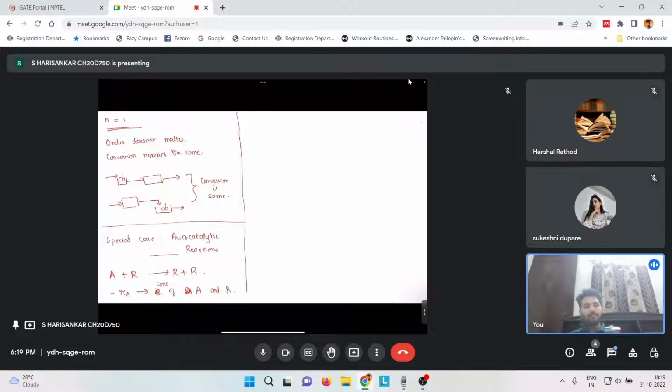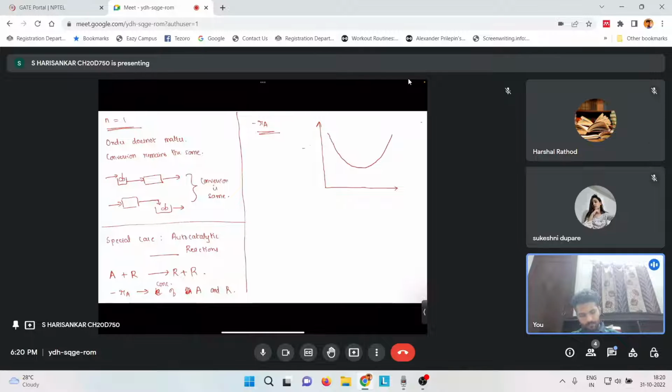Okay, and we also looked at some derivations, I think. But anyways, long story short, you'll have an equation for the rate of the reaction for autocatalytic reactions. You can plot this equation graphically, and you'll have a graph something like this.